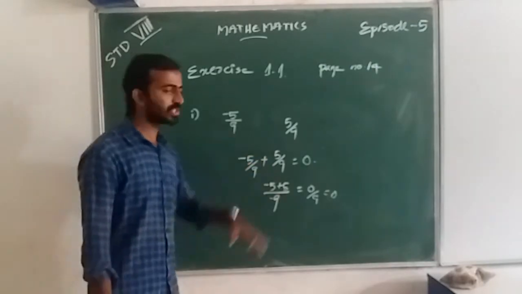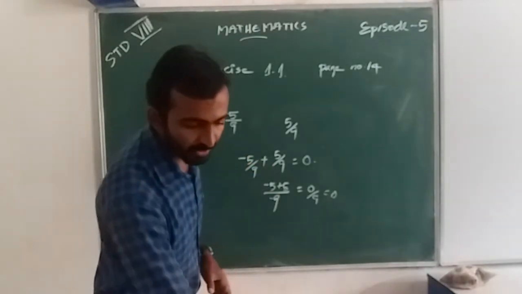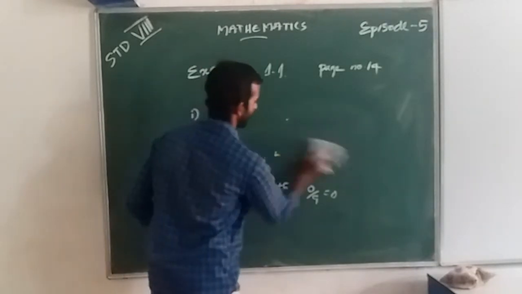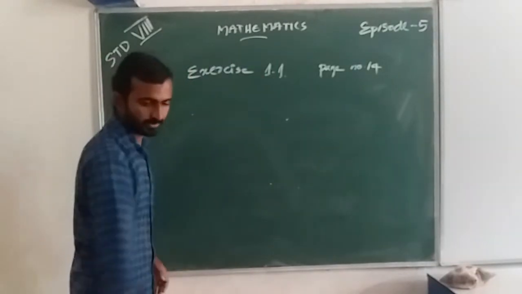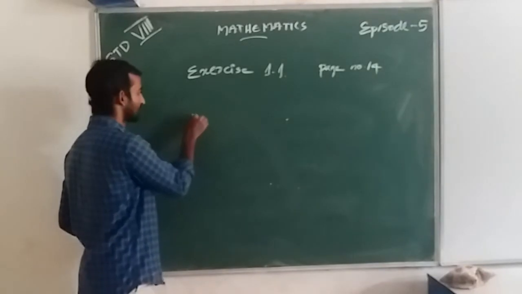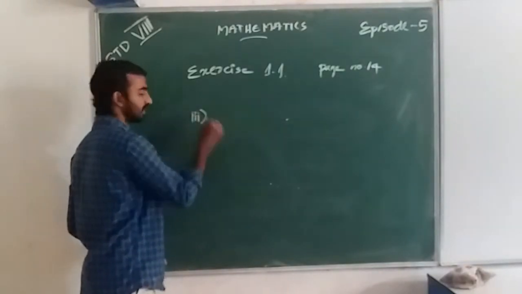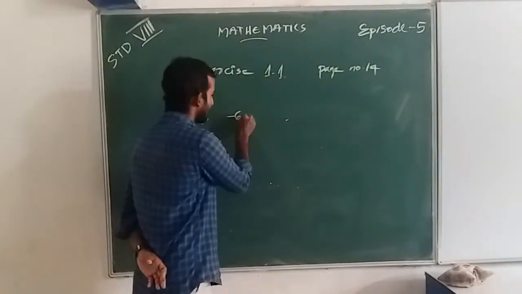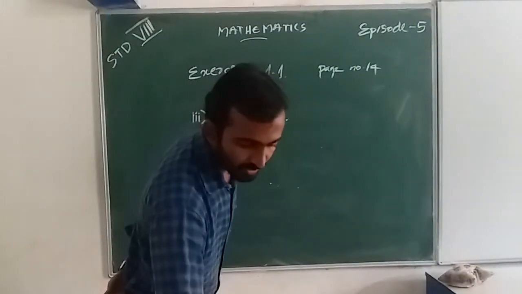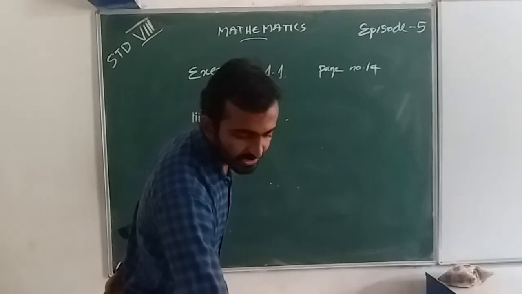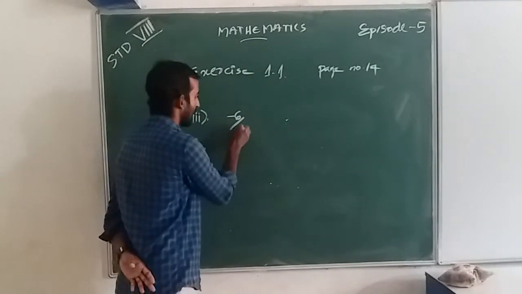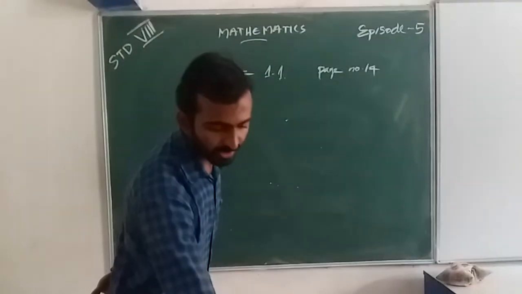The next question, the third one, is negative 6 by negative 5.